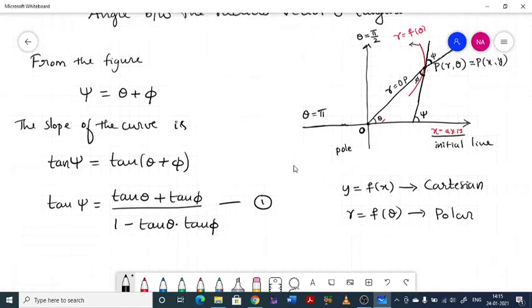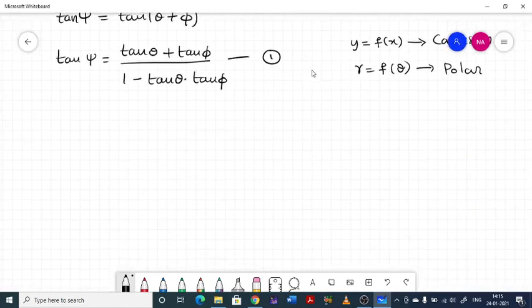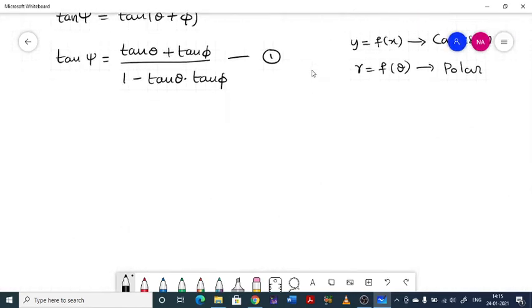On the other side, in the previous class, we observed that any polar coordinate can be written in terms of Cartesian coordinates, and Cartesian coordinates can be written in terms of polar coordinates. So we have x equal to r cos theta and y equal to r sin theta.